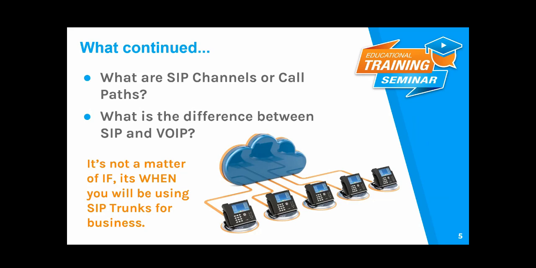So those 10 channels now at $17.99 a channel would make that $179.99 a month versus that $600 to $1,000 per month for PRI. So that's a potential of $800 in savings per month. Let's take that to $9,600 in savings per year, nearly $30,000 in savings over a 3-year term.